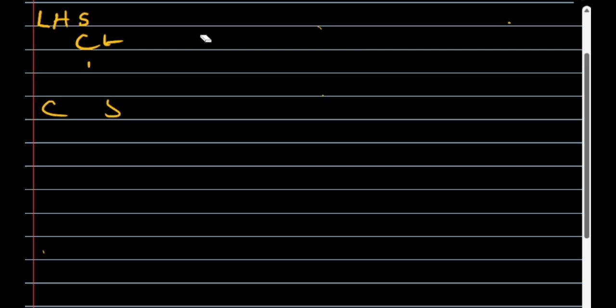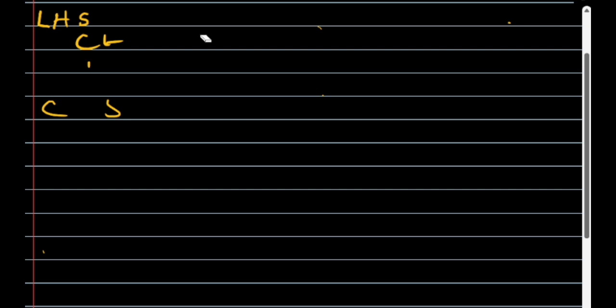So we have CH3, CH2, CH, you have a Cl, CH2, C, triple bond, C, CH, we have CH3 here, and CH3 here.